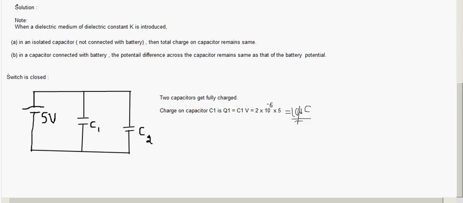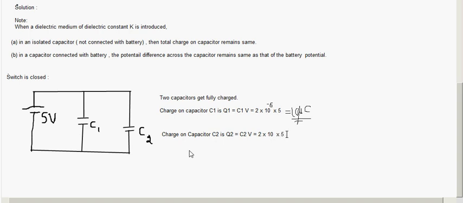Similarly, the charge on capacitor C2 is Q2 equal to C2 into V. C2 and V are the same because they are identical capacitors, so you don't have to calculate twice.